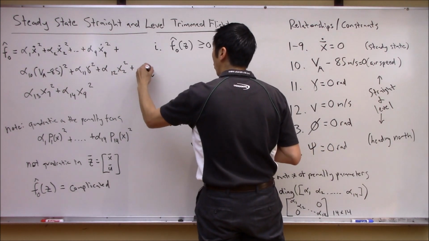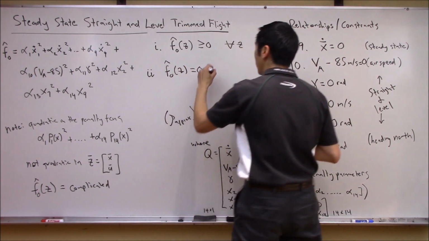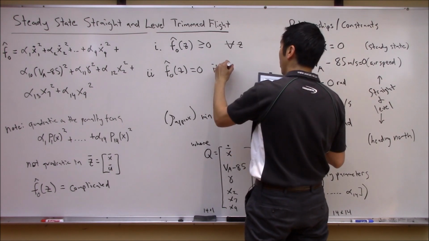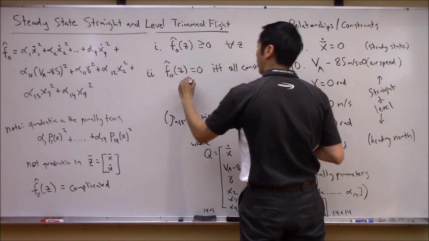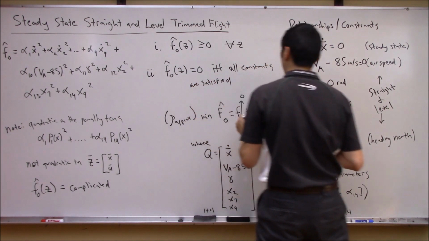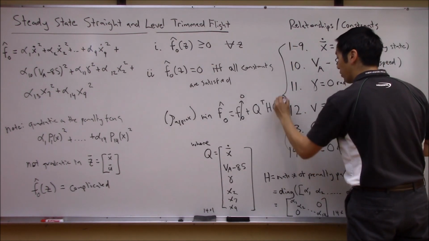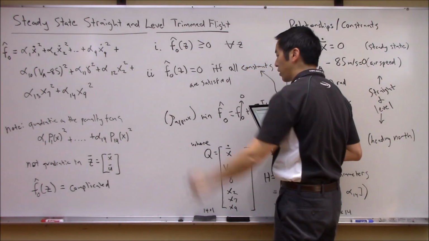And in fact, this thing equals 0 if and only if all constraints are satisfied. And by all constraints I mean these 14 right here. If all these constraints are satisfied, that cost function evaluates to 0.